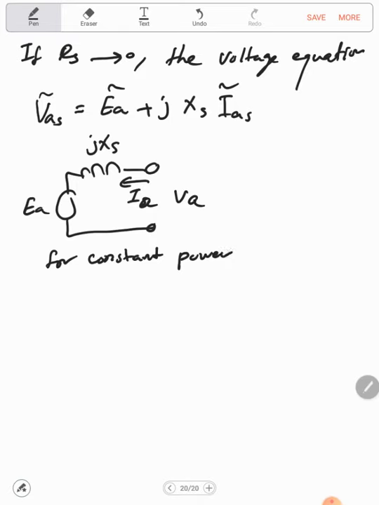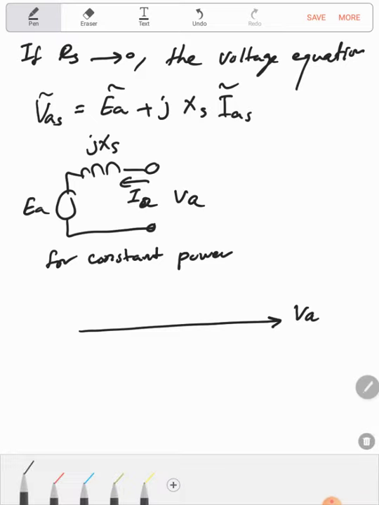Now let's assume this is my reference, which is the V terminal, VA. And let's discuss the following scenarios. The first one here I will discuss is the lagging power factor.